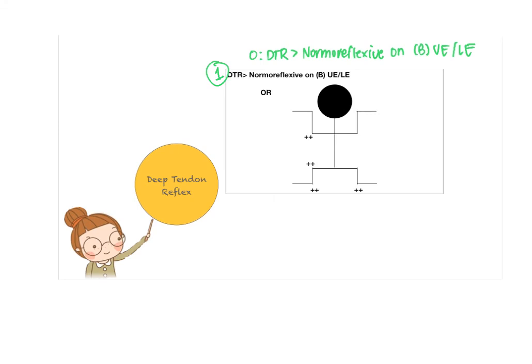The other method of documenting deep tendon reflexes is by using this figure. Notice that you have here the plus sign outside. This part here outside will represent the triceps.